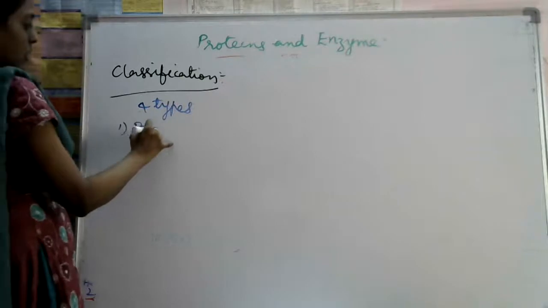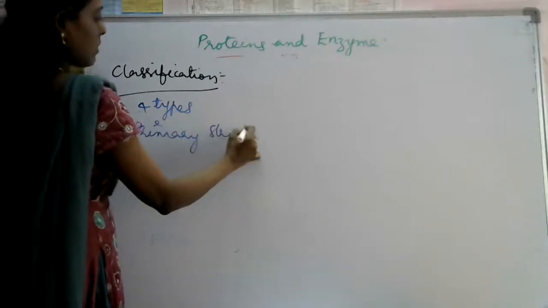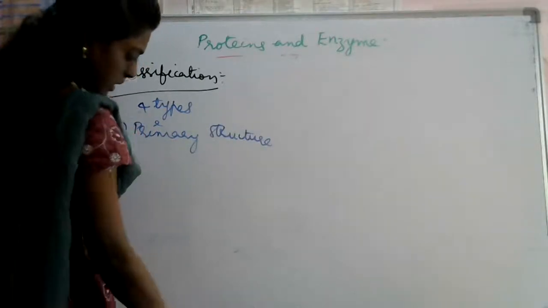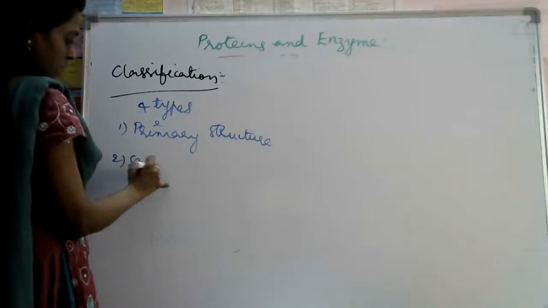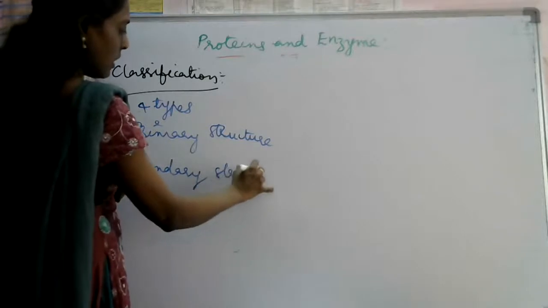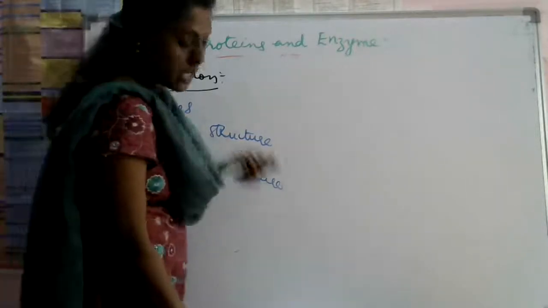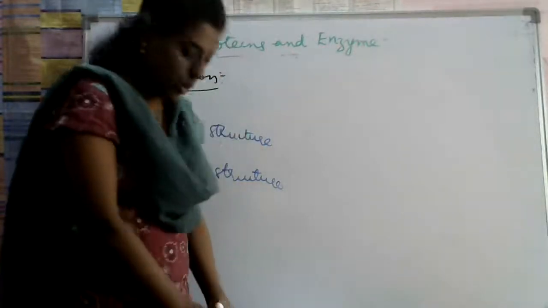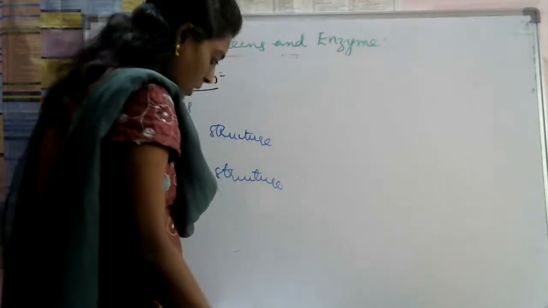One is primary structure. Second one is secondary structure. In this, again, it is classified into alpha helix and beta pleated sheets.